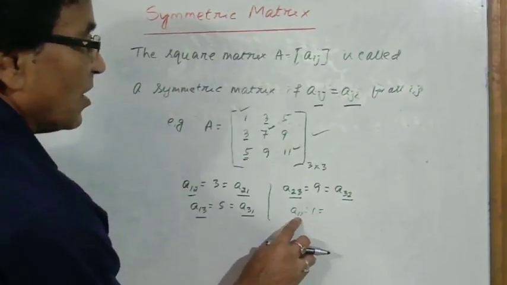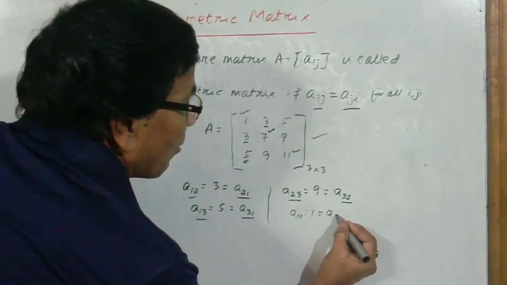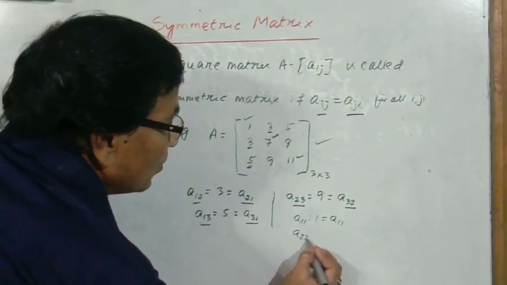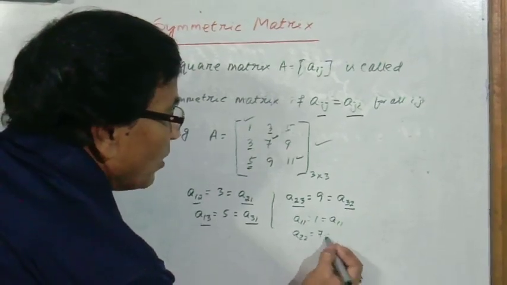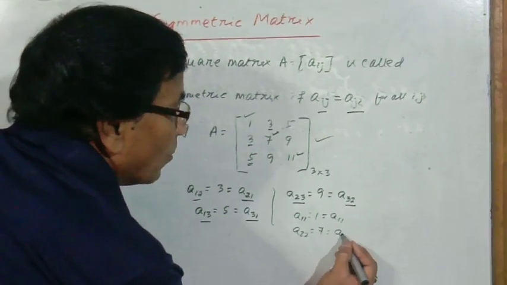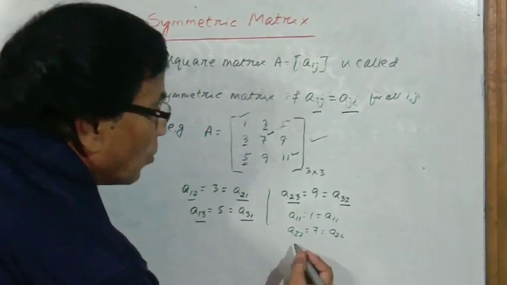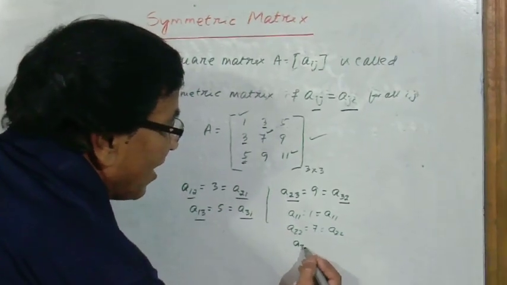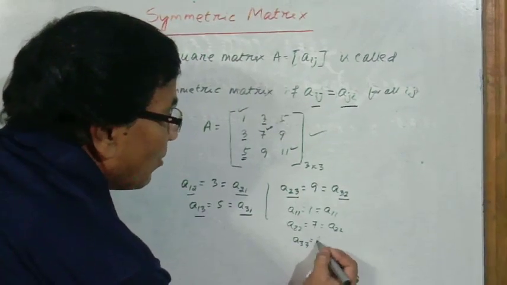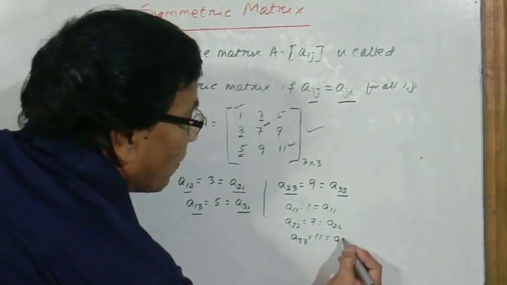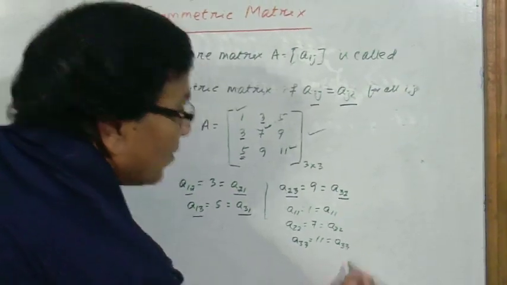If you reverse the indices, it is also A11. A22 is equal to 7, and if you reverse the indices, it will also be A22. A33 is equal to 11, and if you reverse it, it will also be A33.